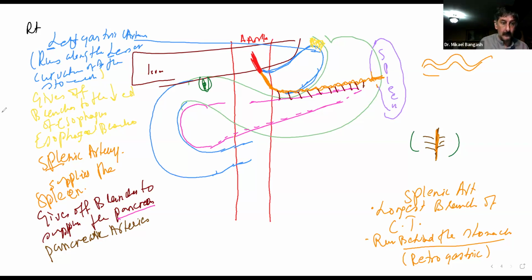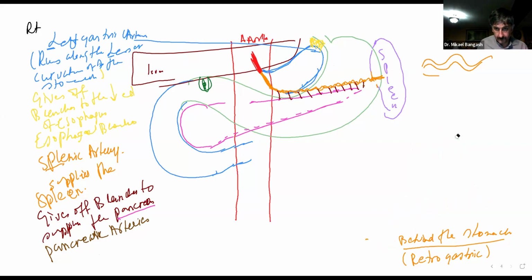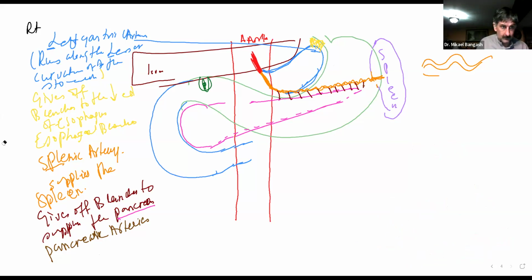Now, guys, the last thing that your splenic artery will do. This fellow here is doing a lot of things.